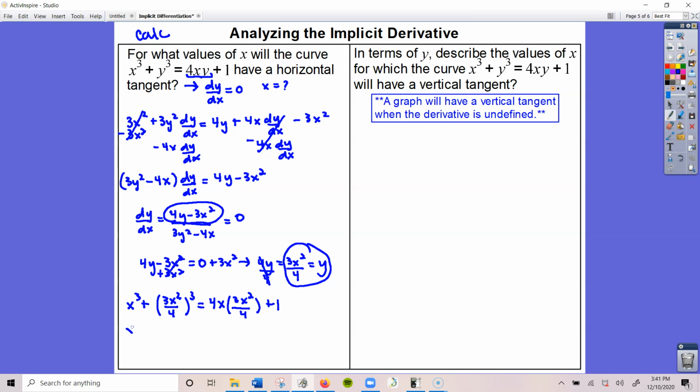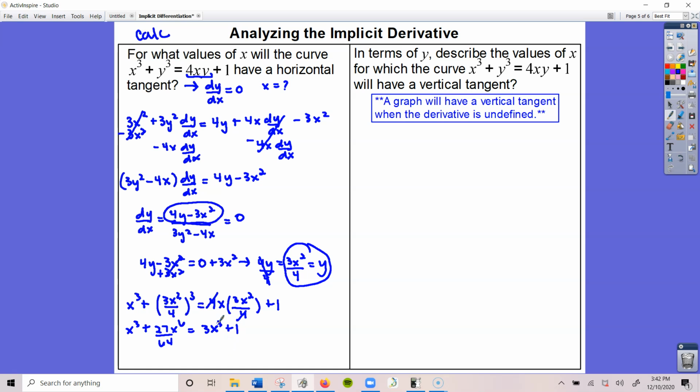So we have x cubed plus, now I'm going to actually cube this. 3 cubed is 27, x to the 6 over 4 cubed, which is 64, is equal to 4 times 3, so 12, x cubed over 4. Oh, I could have just canceled out these 4's, huh? Well, we'll do that now. And then this will be 3x cubed instead, plus 1.